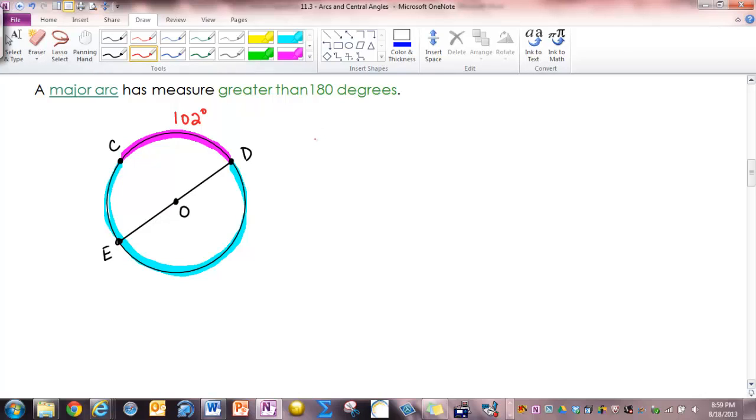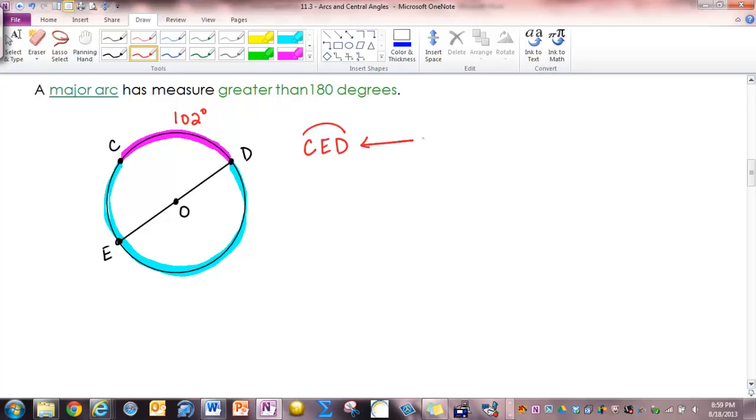Now this major arc has endpoints C and D, just like the minor arc does, but we're going to denote this major arc with 3 letters rather than the 2 for the minor arc. So I start at C, go through E, and end up at D, so I'm going to write E in the middle and the arc symbol above.